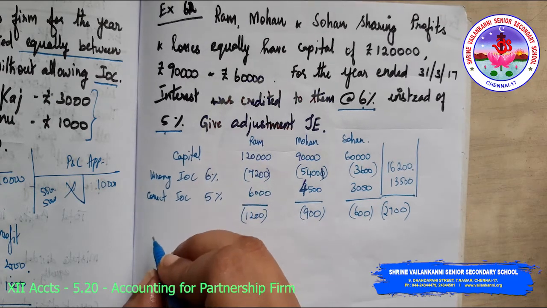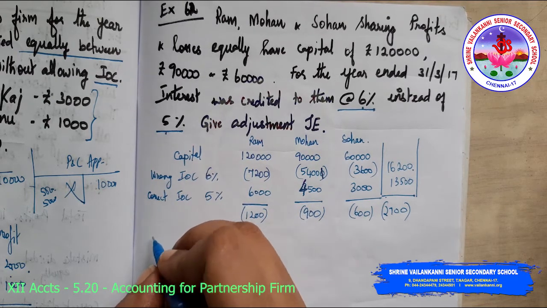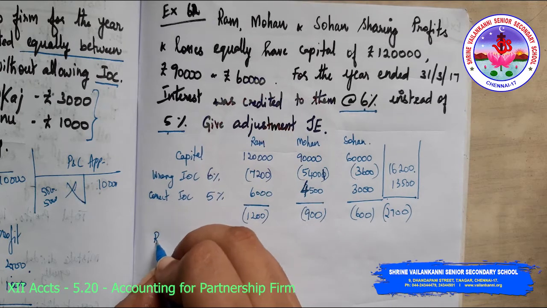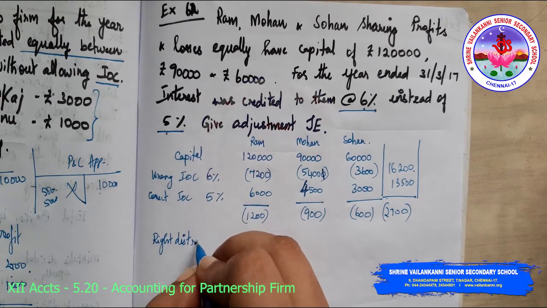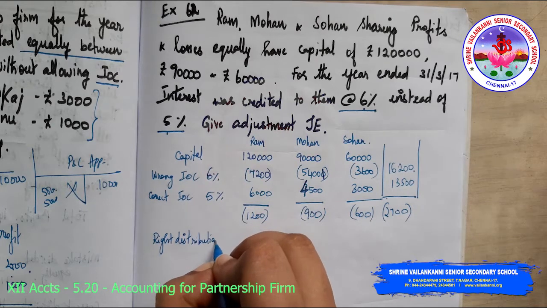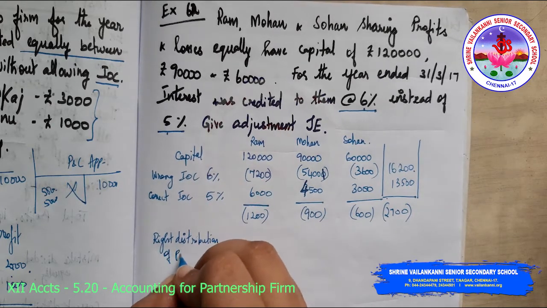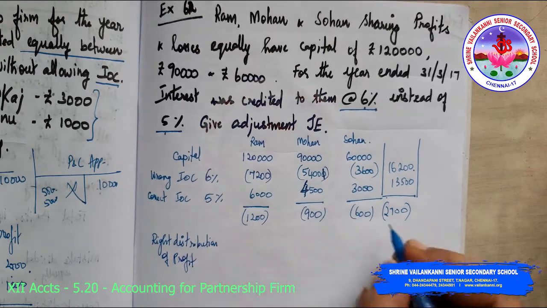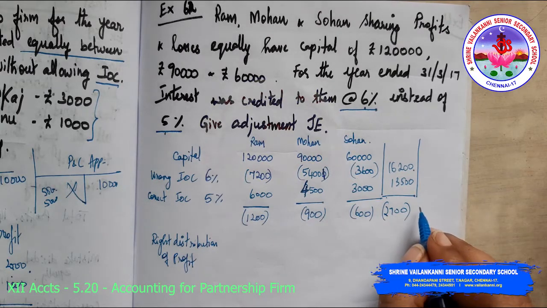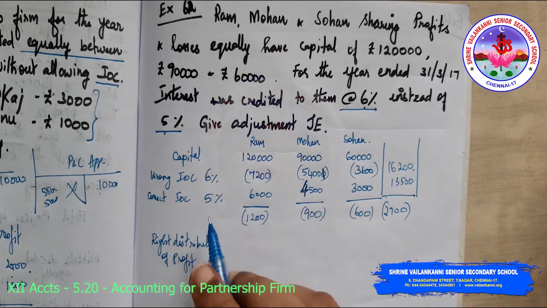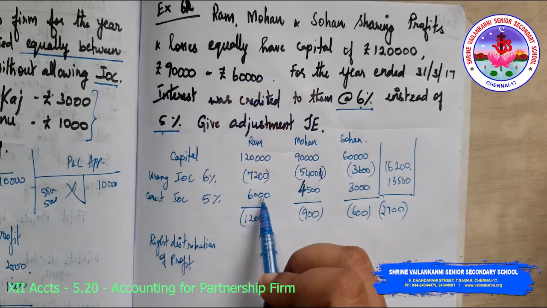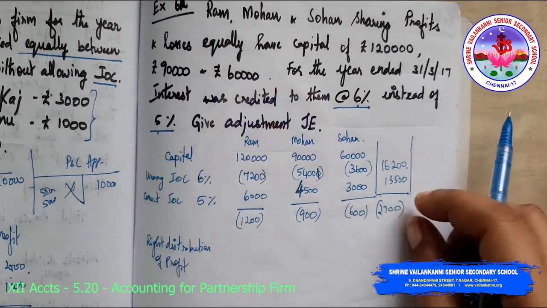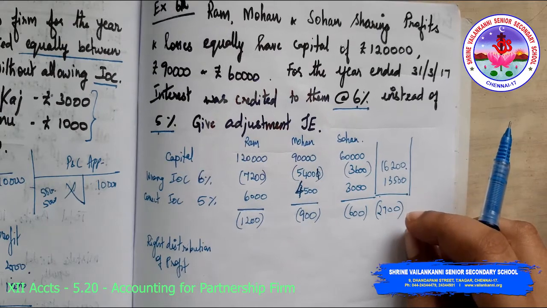So profits, right distribution. Because this is a profit amount. Okay, see, when interest on capital is excessively given, but it has to be given only this much, to that extent profit is also reduced to the partners.